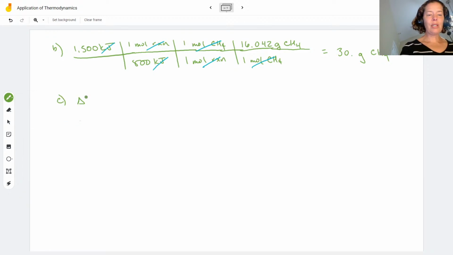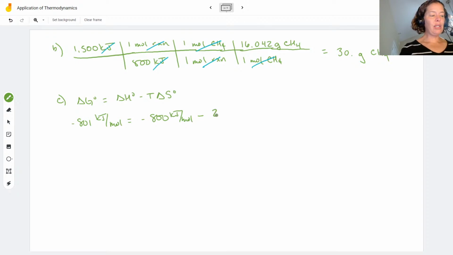Delta G is equal to delta H minus T delta S. We were given our Gibbs free energy, that was negative 801 kilojoules per mole. We calculated our delta H, that was 800 kilojoules per mole.